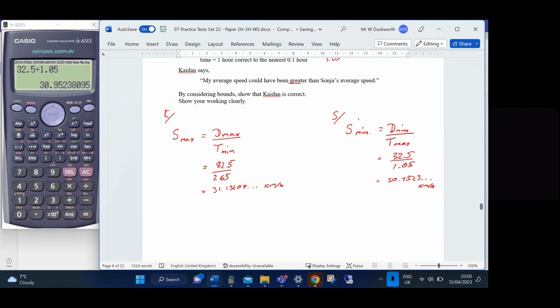And it doesn't ask for anything else, it just says show. I'll finish it off by saying 31.132 kilometers per hour is greater than 30.9523 kilometers per hour.